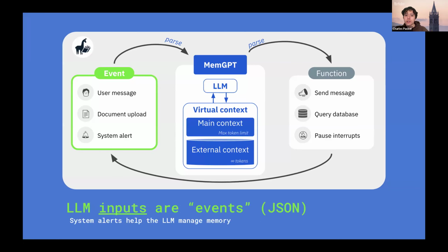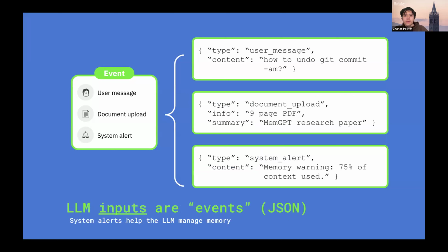Inputs are JSON, and that means basically everything is going to get tagged with some metadata. In this case, a message like "how to undo git commit," something that might go into ChatGPT, instead of being an Alpaca-style "### User" and then the user message underneath, is wrapped in a JSON object.